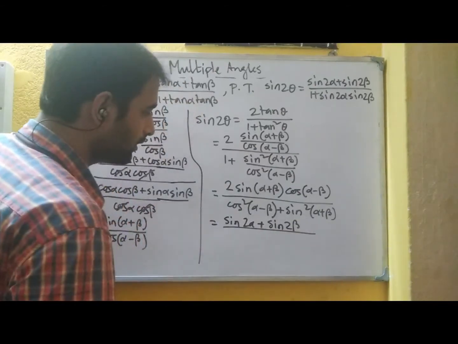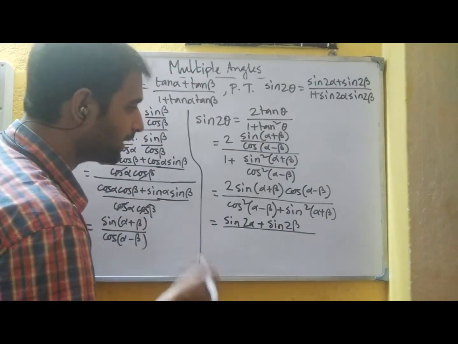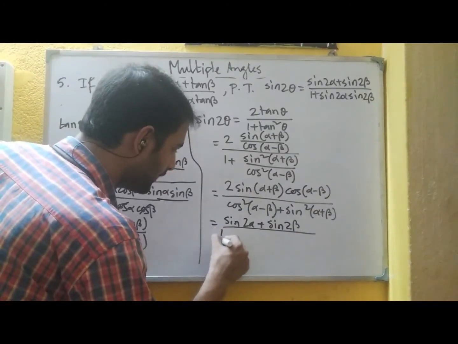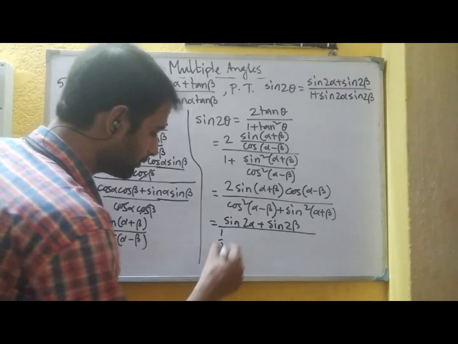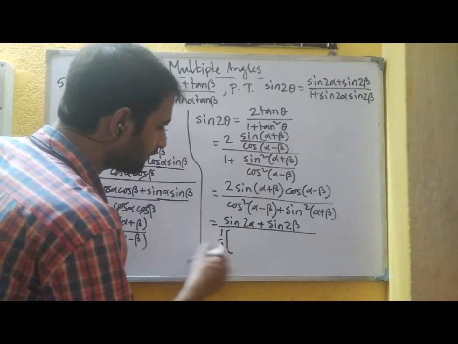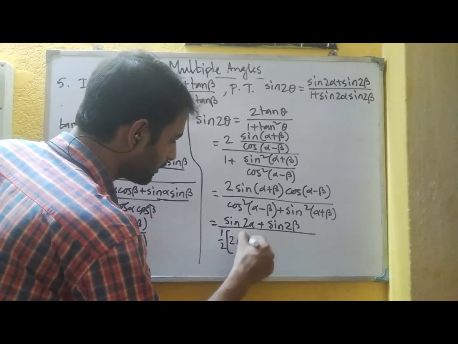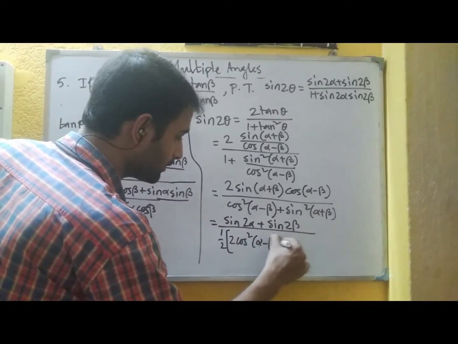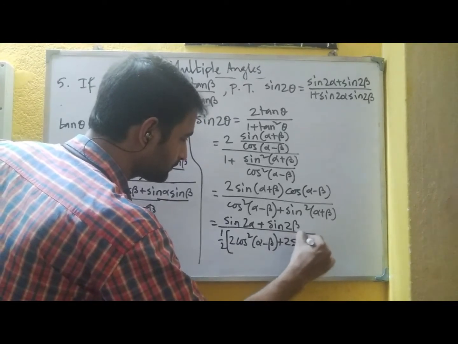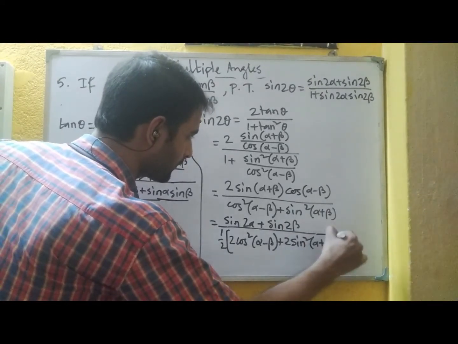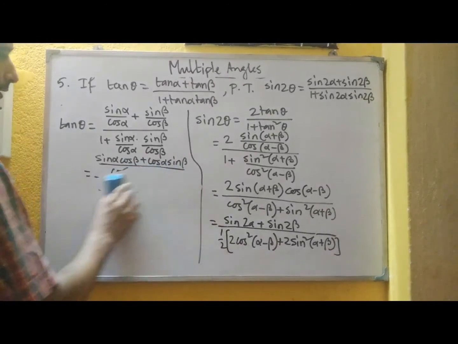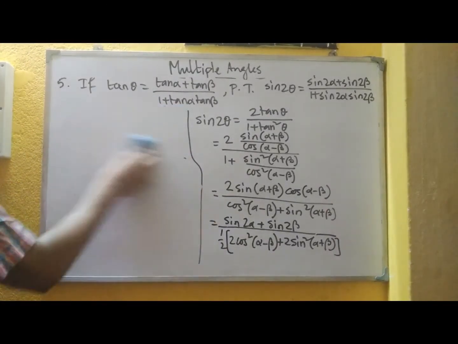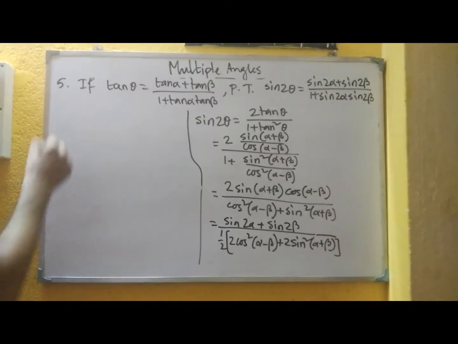And in the denominator, we need to convert into multiple angles. So we are applying the formula of cos 2 theta. After taking a half and multiplying by a 2, we can convert this into this expression, so that we can apply the formula of cos 2 theta. So I am erasing this side. See, the numerator has come.